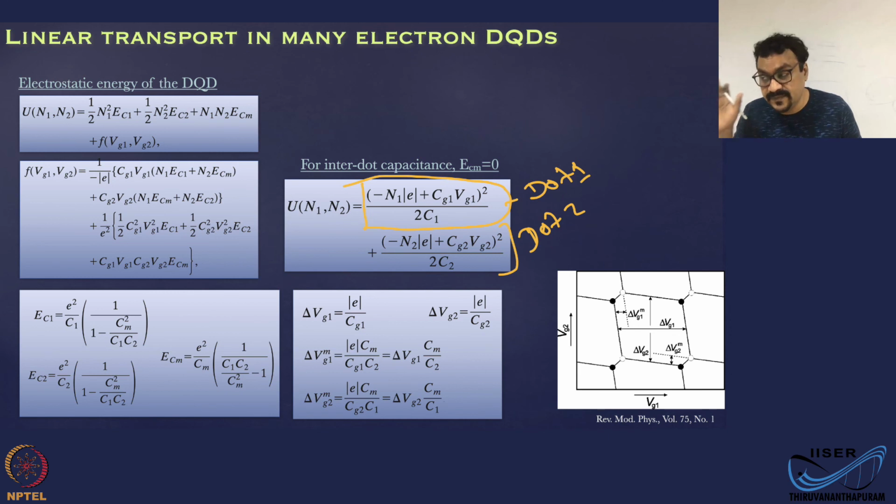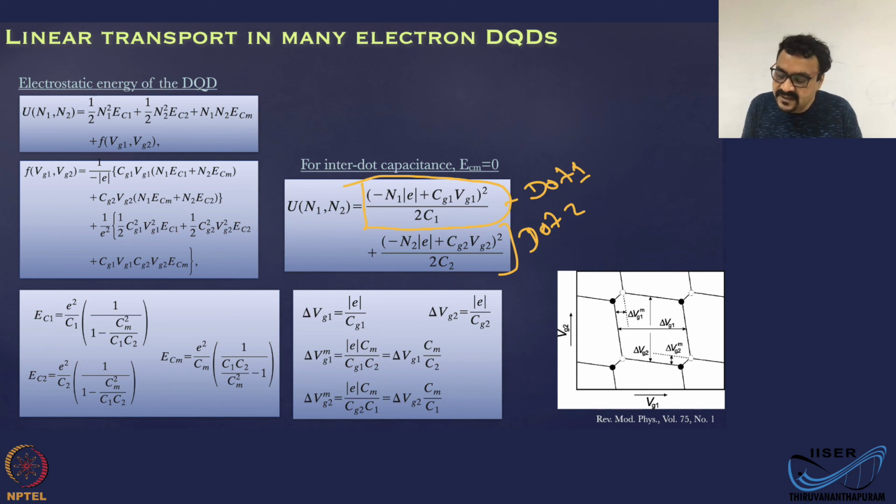That is the Coulomb blockade oscillation of that particular dot. From that, you can get that capacitance, Cg1 and Cg2. And similarly, from delta Vg1m and Vg2m, you can get the interdot capacitance.